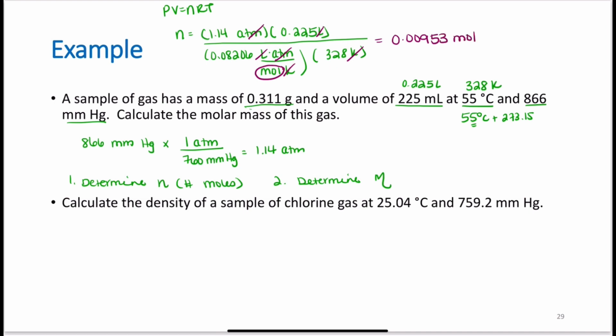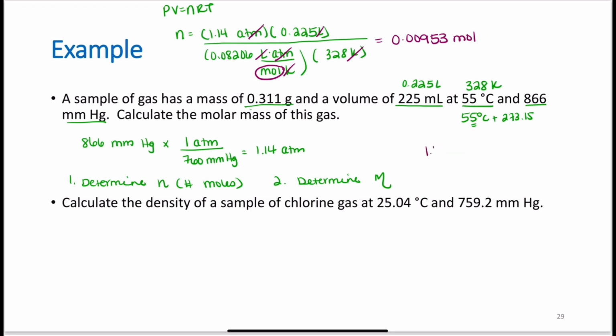Be careful when you plug this in your calculator. I have to plug in 1.14 times 0.225 divided by 0.08206 divide by 328. Students want to hit a multiply sign right here. Don't do that unless you're using parentheses properly. You're dividing that quantity by 328, not multiplying, or you will get the wrong answer.